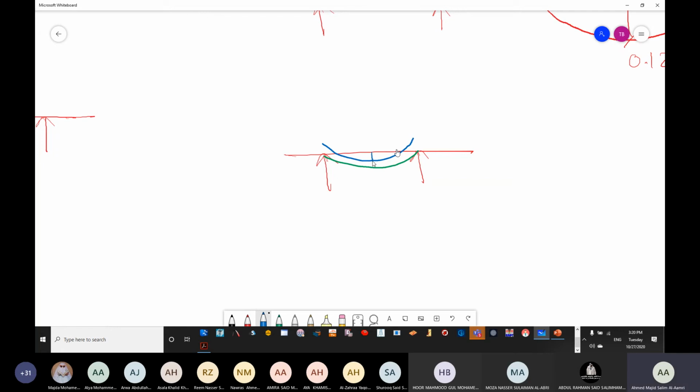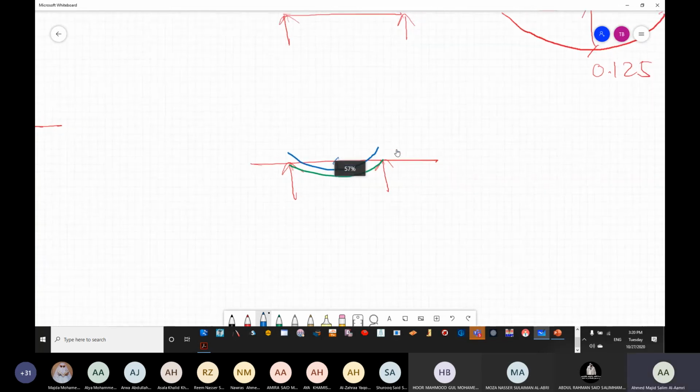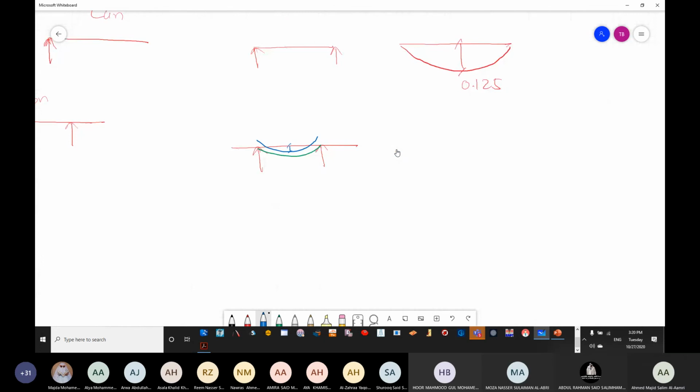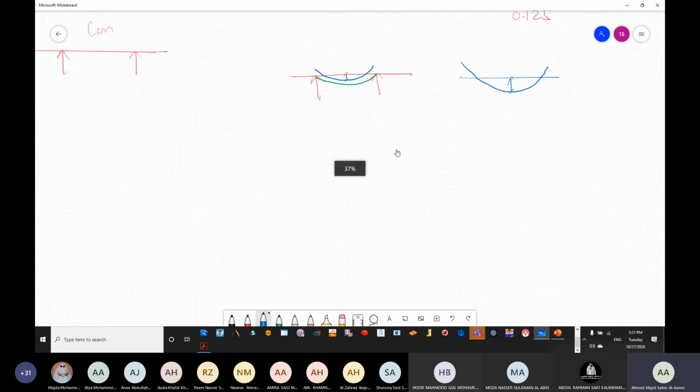So this coefficient now is for sure going to be lesser than 0.125. Are we clear? The green is representing the simple case. The blue is representing the continuous case. Is it clear why it's getting lesser? Now this is going to go something like this, where this is lesser than 0.125.